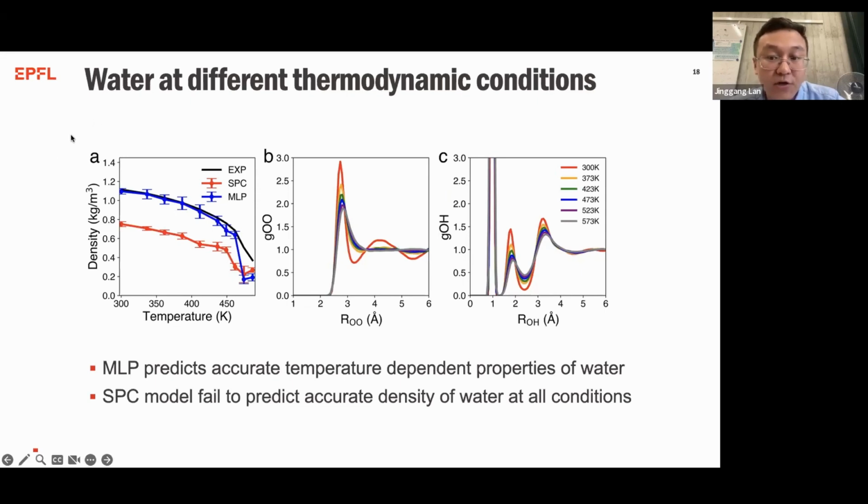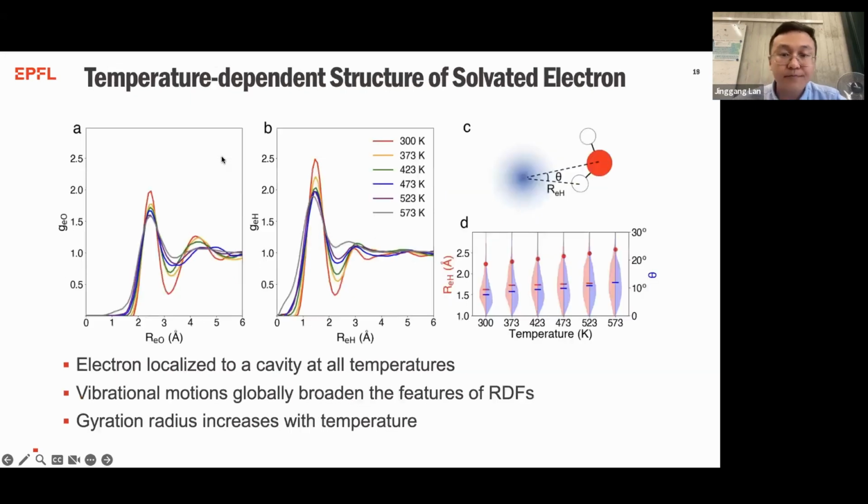For example, the temperature-dependent density is in good agreement with the experiment, this black line, from 300 to 400 K, while the single point charge model failed to predict the density accurately at all those conditions. With increasing temperature, the water becomes less ordered, which is evident in the RDF of oxygen, and only the first oxygen shell is visible when the temperature is above 400 K.